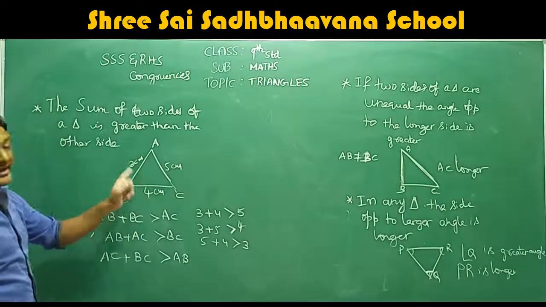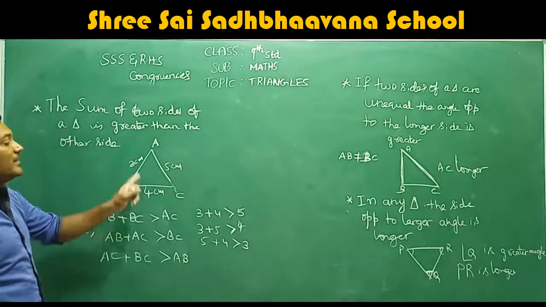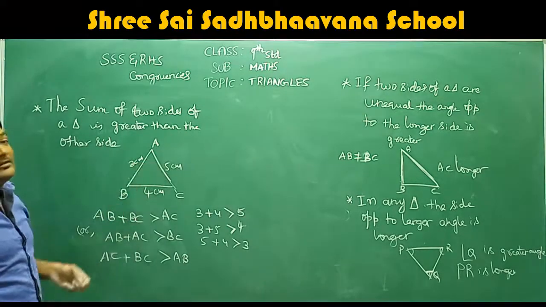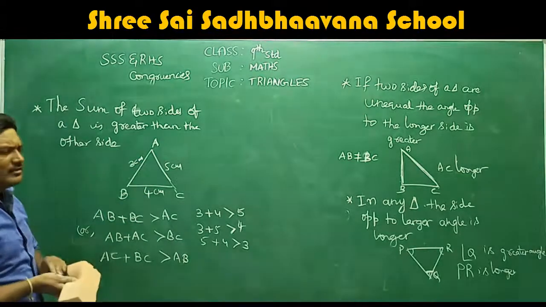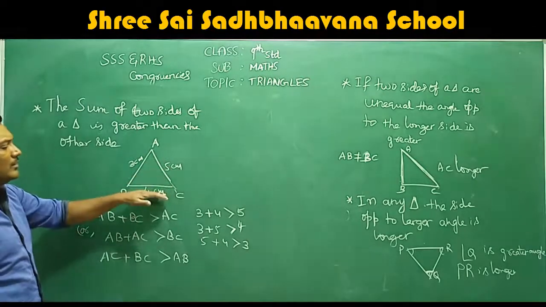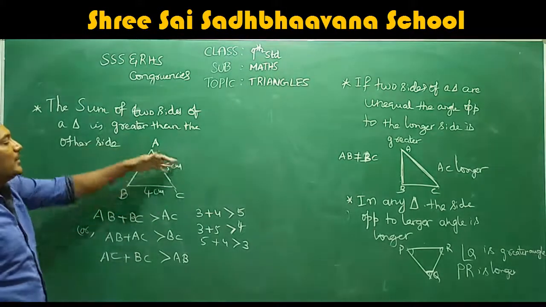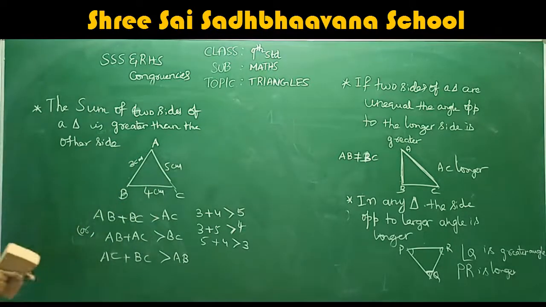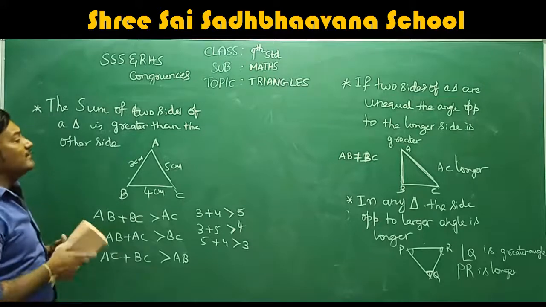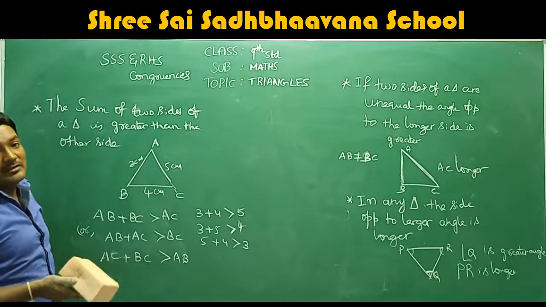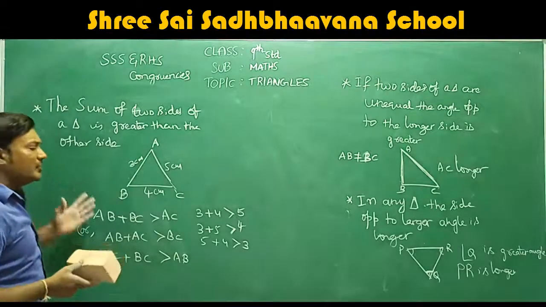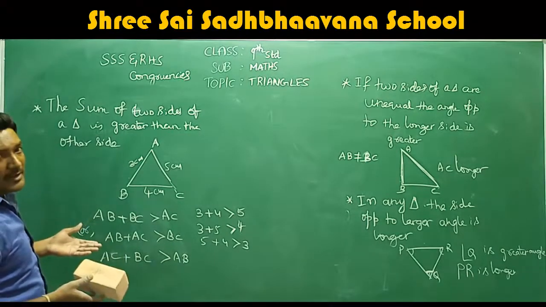Any two sides which you add in any triangle, the sum of any two sides is always greater than the third side. This 3 plus 5 is obviously greater than 4. 4 plus 3, obviously greater than 5. And 5 plus 4, obviously greater than 3. Any two sides you can take and you can apply this.